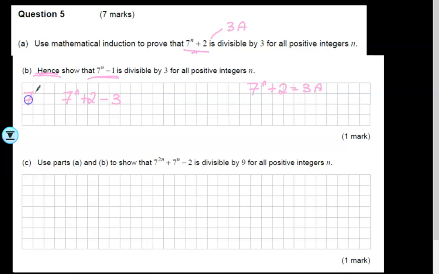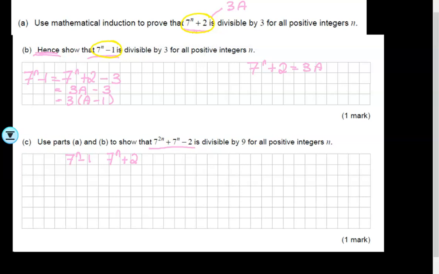So now I've got 7 to the n take 1 equals this, and what Keats was just saying is this bit here we know is divisible by 3. Agreed? So therefore, I can now pull out a common factor of 3, so that whole thing is also divisible by 3. So it's a great example of where you have to use this thing here, write it down. How can you make it look like? Agreed? All right, what about part C?